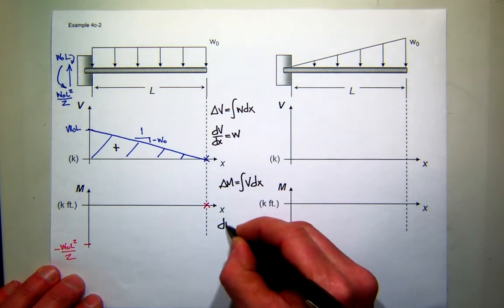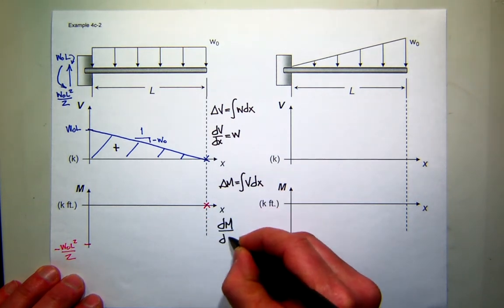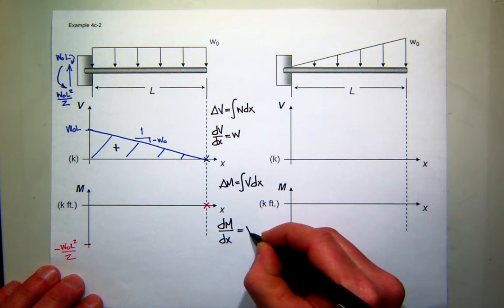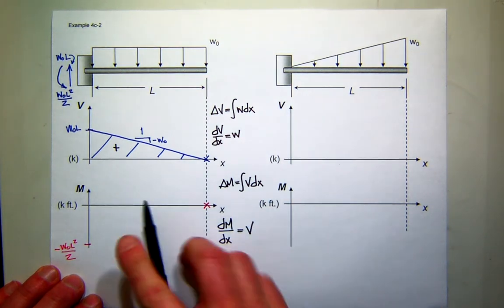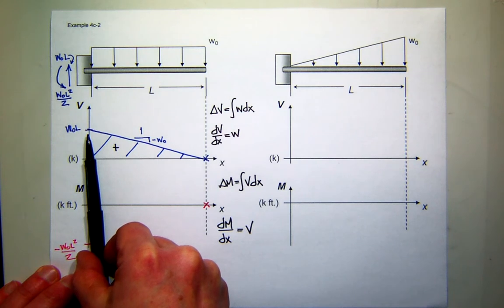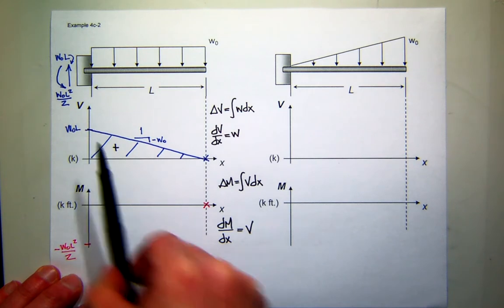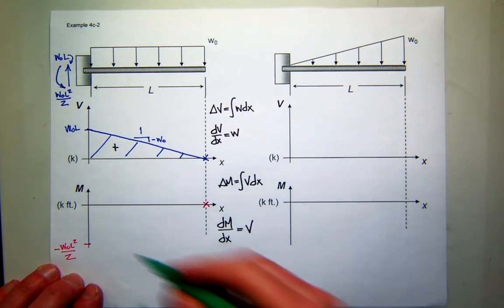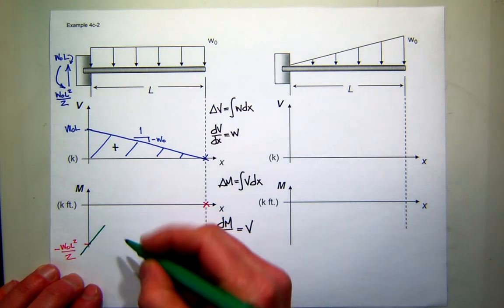Now what is the shape of the moment diagram? Well, its slope is equal to the shear. So let's start on the left side. What is the value of the shear here? W naught L. Positive or negative? Positive. So I should have a positive slope.